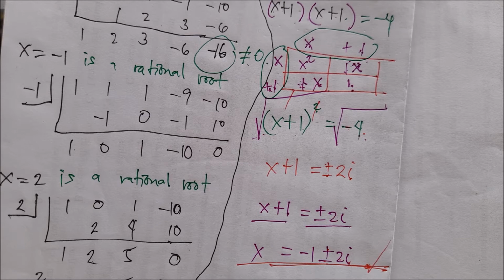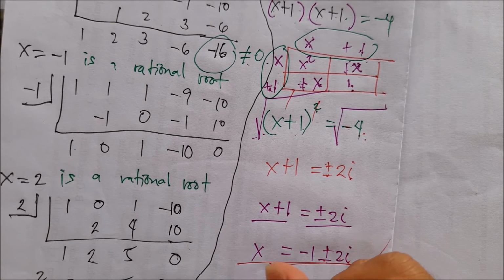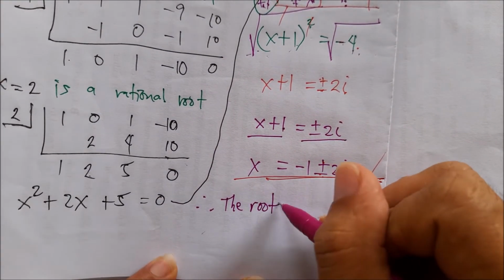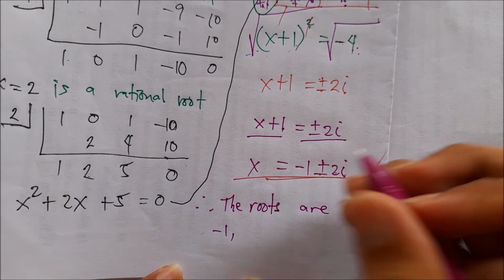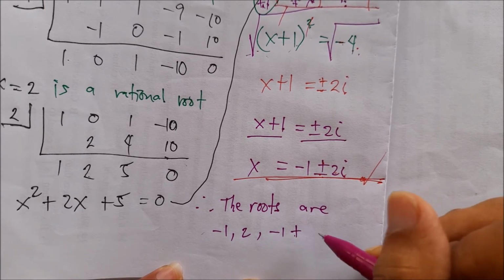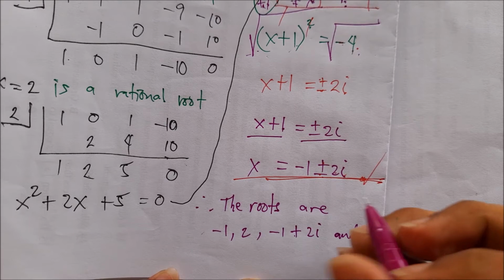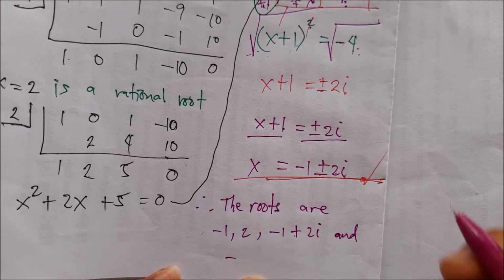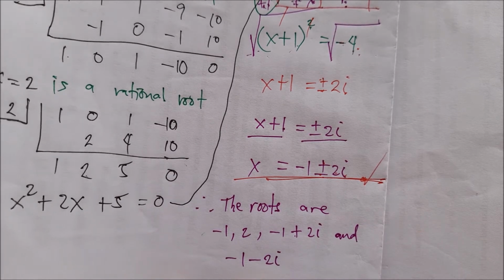So therefore, the roots are negative 1, positive 2, negative 1 plus 2i, and negative 1 minus 2i.